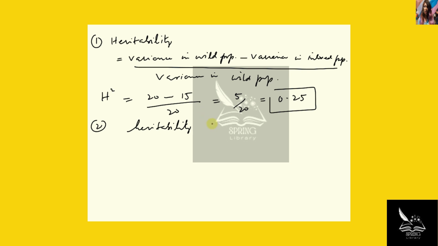In another question, we are also supposed to calculate the heritability of tail length in long-tailed widow birds. To calculate it, we can use the formula: heritability is equal to the response to selection upon selection differential.